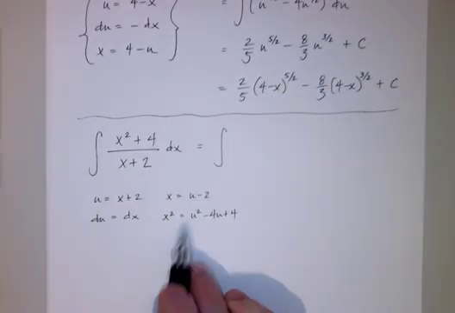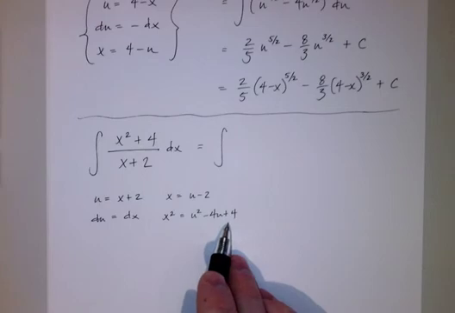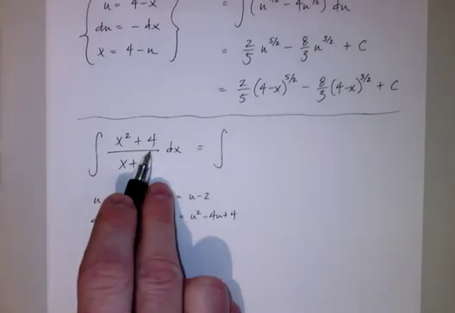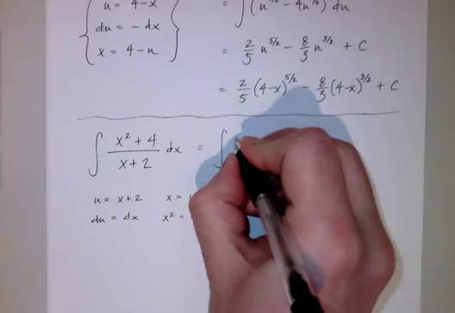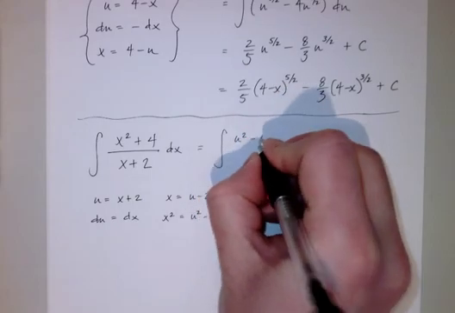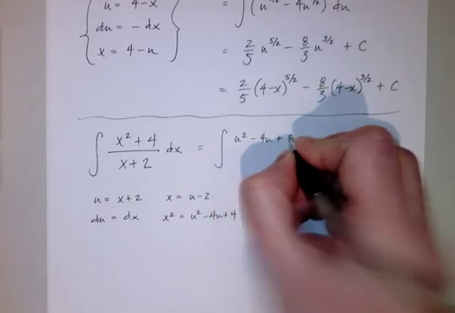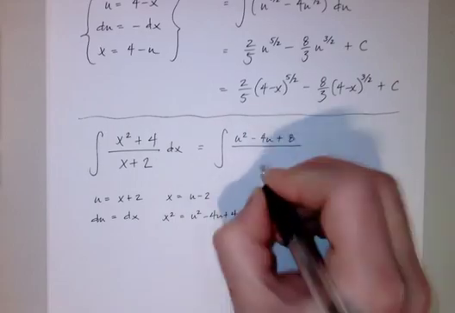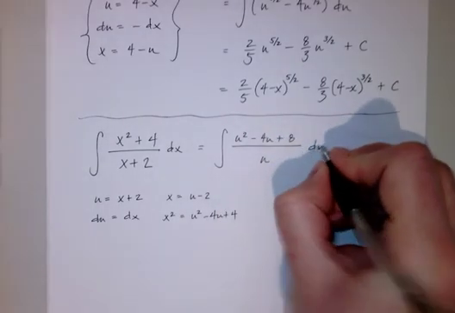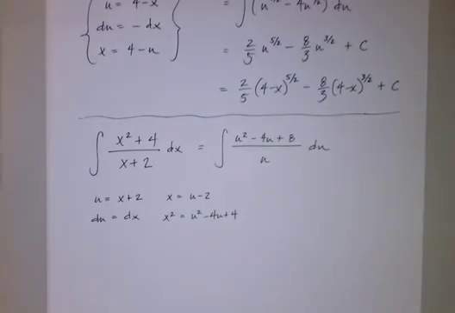Okay, so I know if I plug that in, it's going to be u squared minus 4u plus 8, because I have to include the 4 that's already there. So u squared minus 4u plus 8, all of that over u du. So the u substitution didn't actually help me to identify it as a natural log or anything like that.